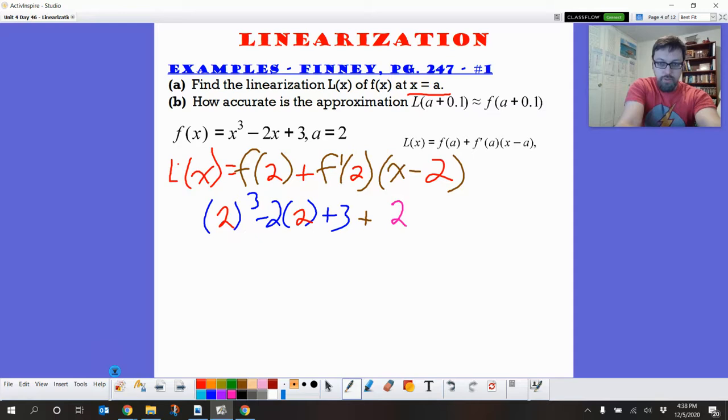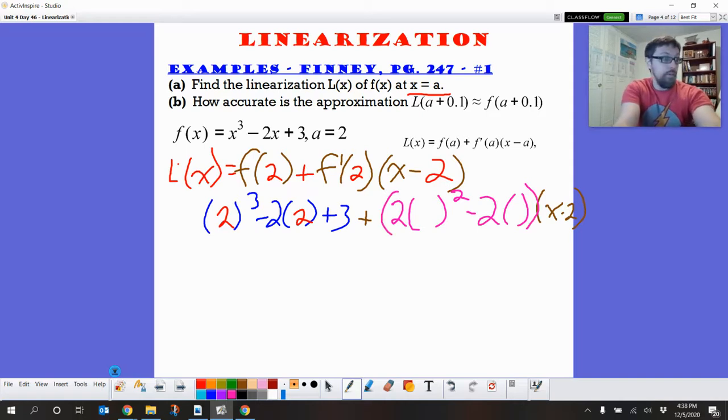That is 3 times something squared minus 2 times something, and then that 3 goes away. And then we still have our x minus 2. But we want to make sure that this whole number gets multiplied by that parentheses, so I'm going to wrap that derivative up in parentheses, or you could put a bracket too, that works. So this thing is 8 minus 4, that's 4 plus 3, so that's 7.